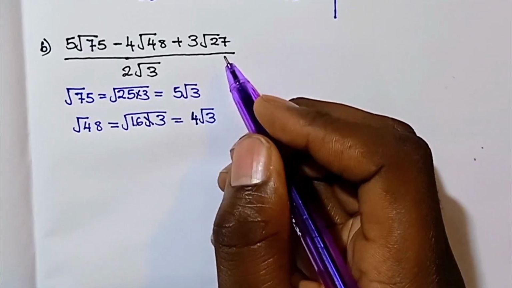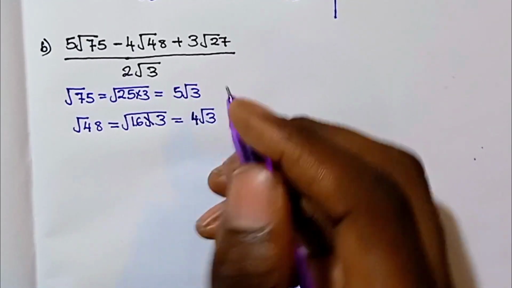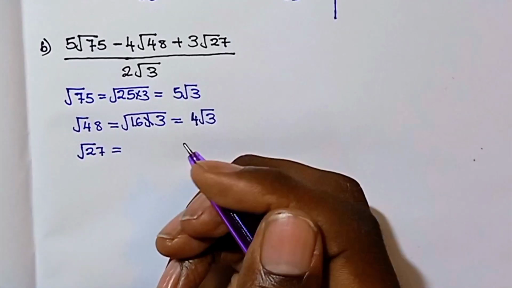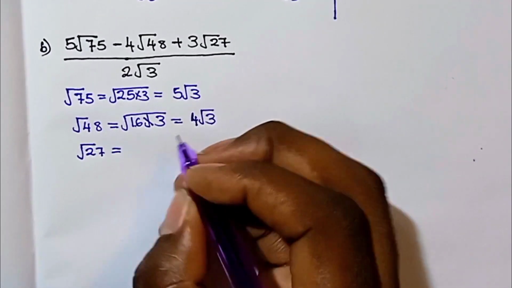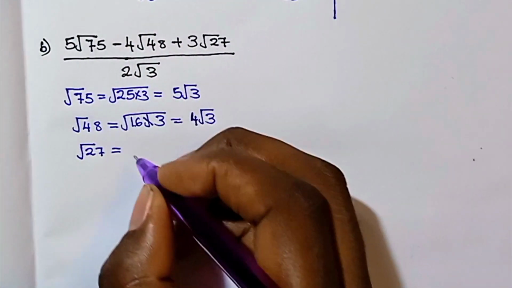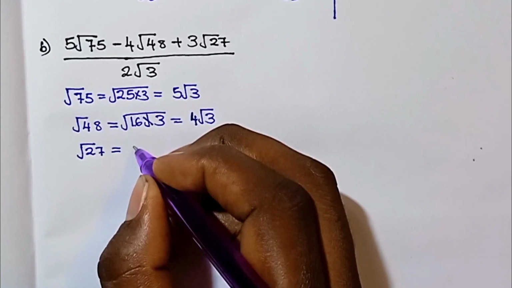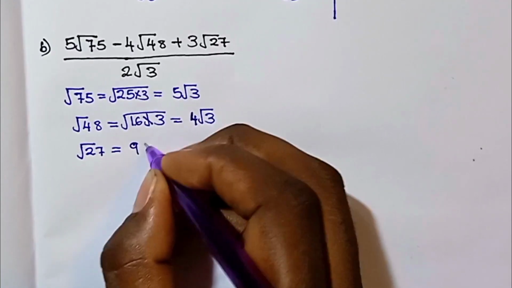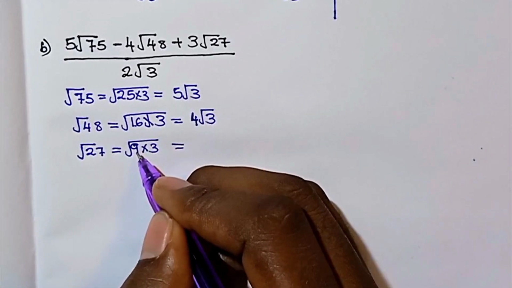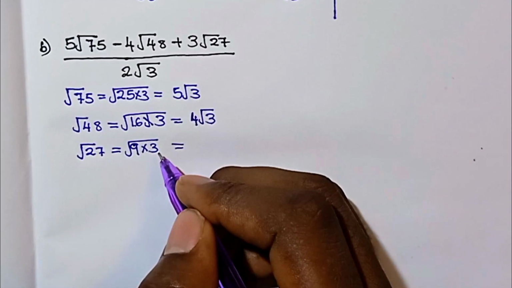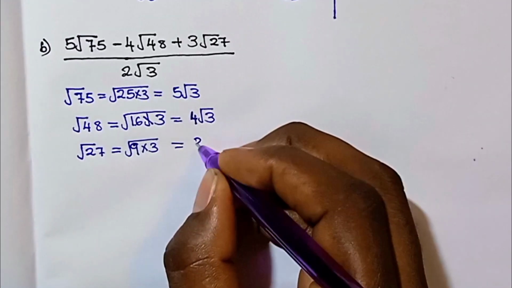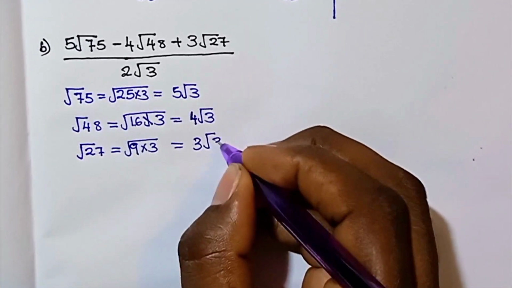The next one here is root 27, which we are going to rewrite as 9 times 3, just the same as the one we had previously, the whole of it square root. So we are going to have the square root of 9 multiplied by the square root of 3, which is 3 root 3.